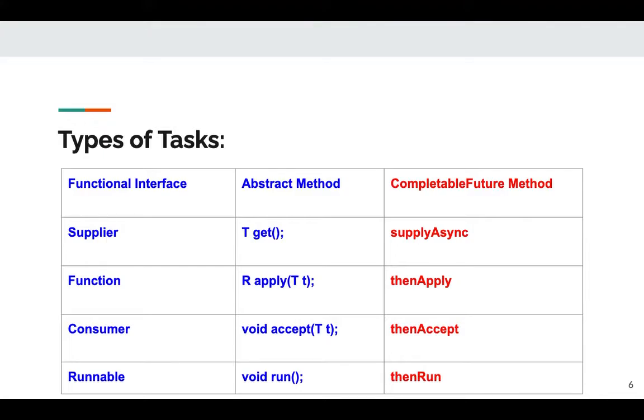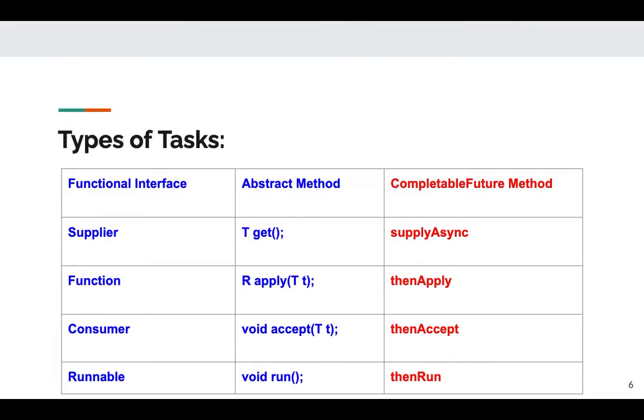When we want a function to take in some input values and provide an output, we override the apply method of the functional interface to transform the input into the desired output, and then we pass this lambda to the then apply completable future method to get it scheduled and executed. Again, then apply in this case is the higher order function which accepts the lambda.